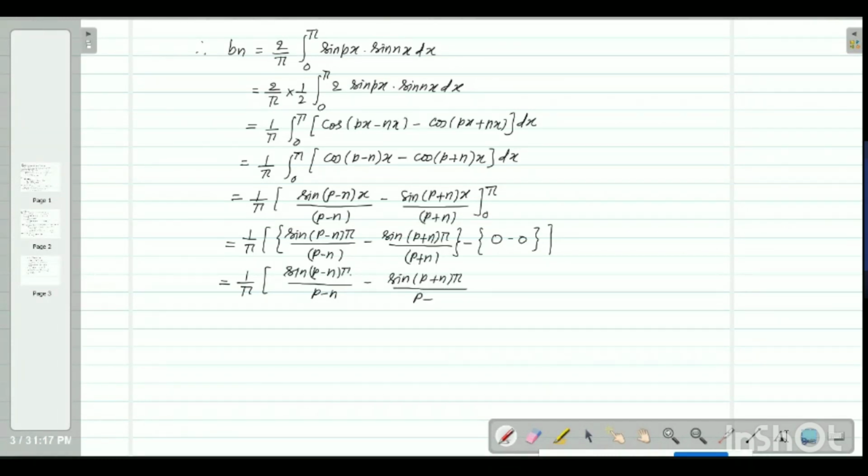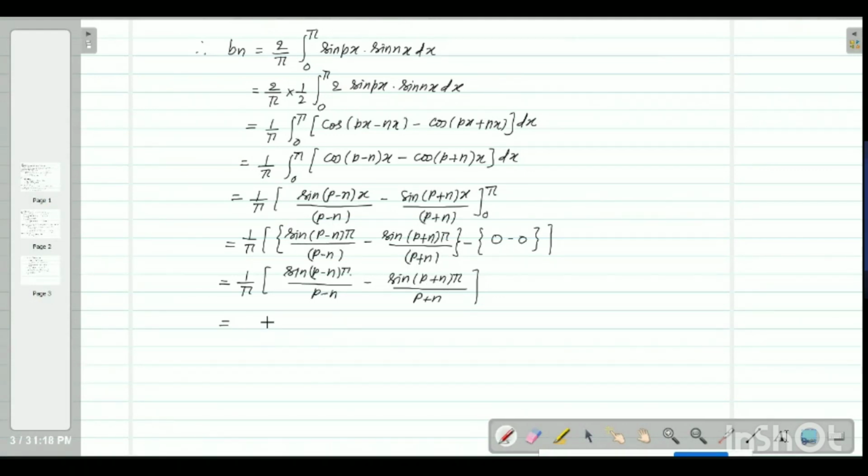Now what I have to do? Here we apply the formula of sine a minus b, and here sine a plus b.